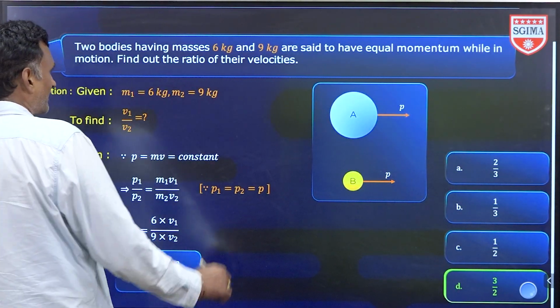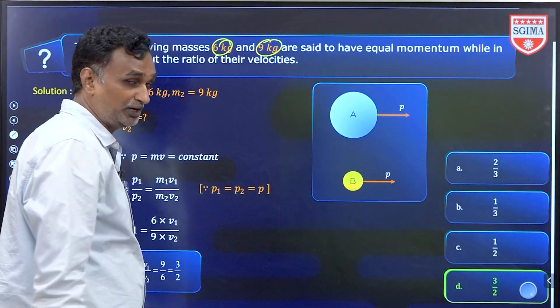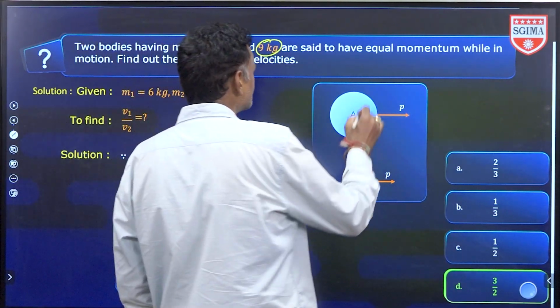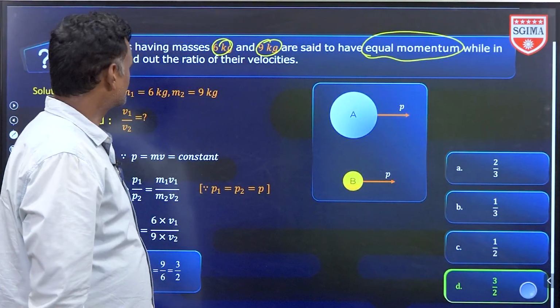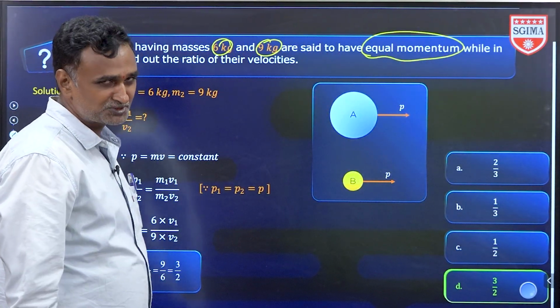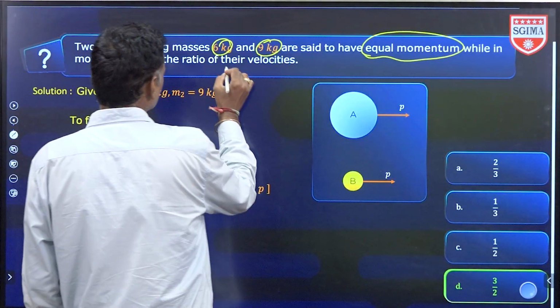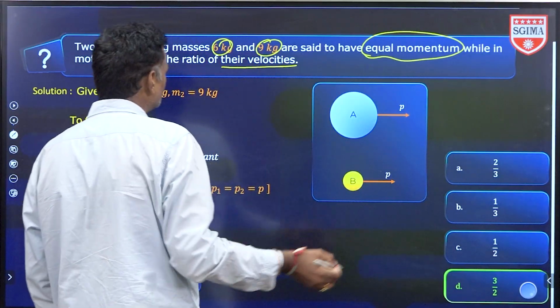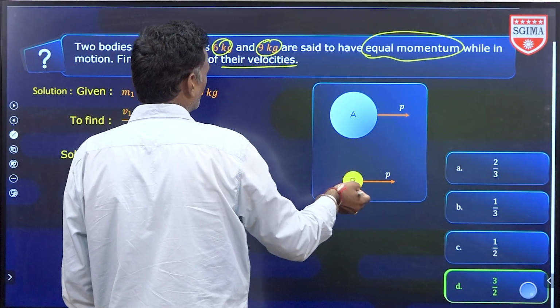Here two bodies of masses 6 kg and 9 kg are said to have equal momentum. So both have equal momentum. While in motion, their momentum is the same. Then what is the ratio of their velocities? Simply take one particle here and another particle here.